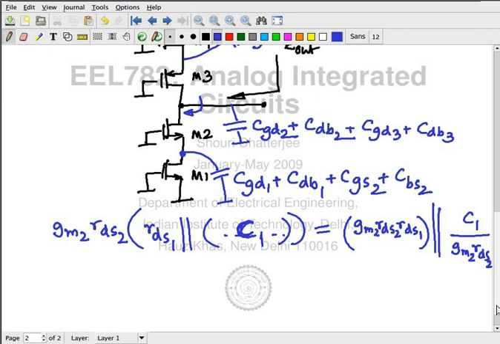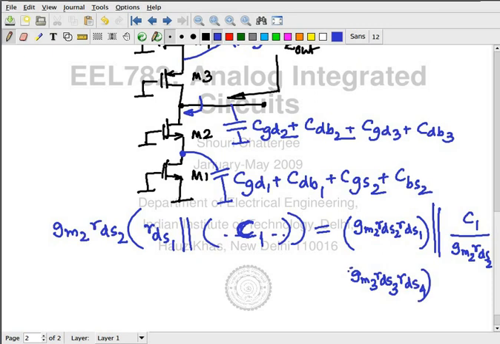Then I can say that this is what is there. When I look in from outside and look downwards, this is what I see. I see a resistor in parallel with a capacitor. A large resistor in parallel with a small capacitor. Similarly, when I look upwards, I see GM3, RDS3, RDS4.